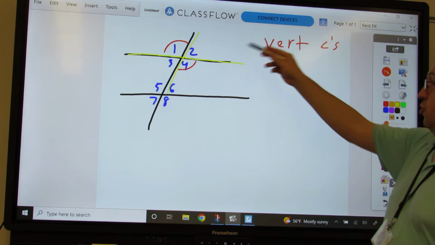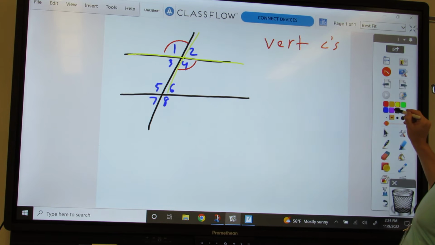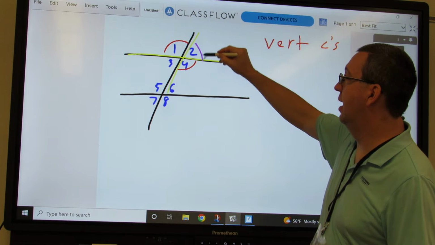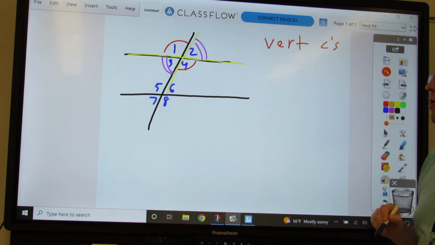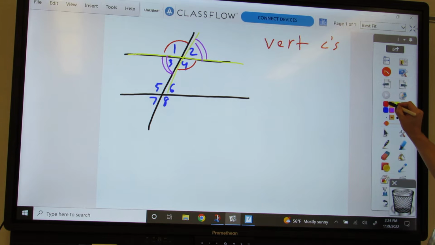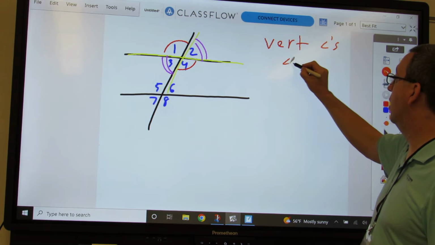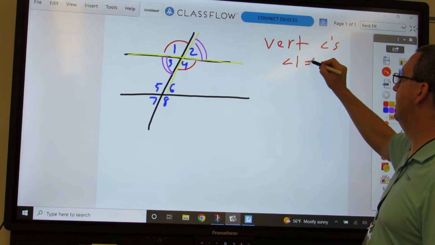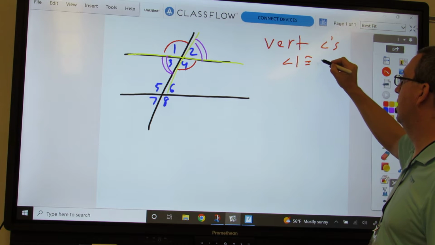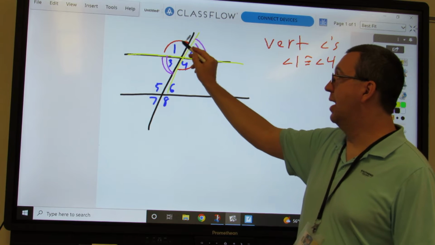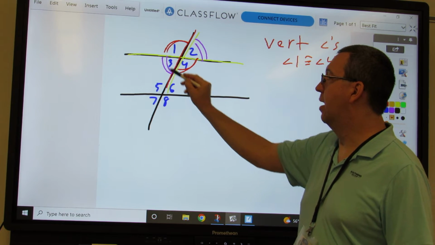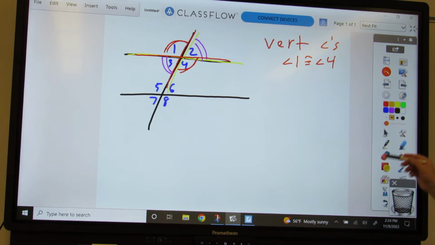Right? 2 and 3 are also made up of those two lines, in a different grouping. So those would be vertical angles as well. Vertical angles are always congruent. So angle 1 is congruent to angle 4 because they're vertical angles, made up of those two lines.